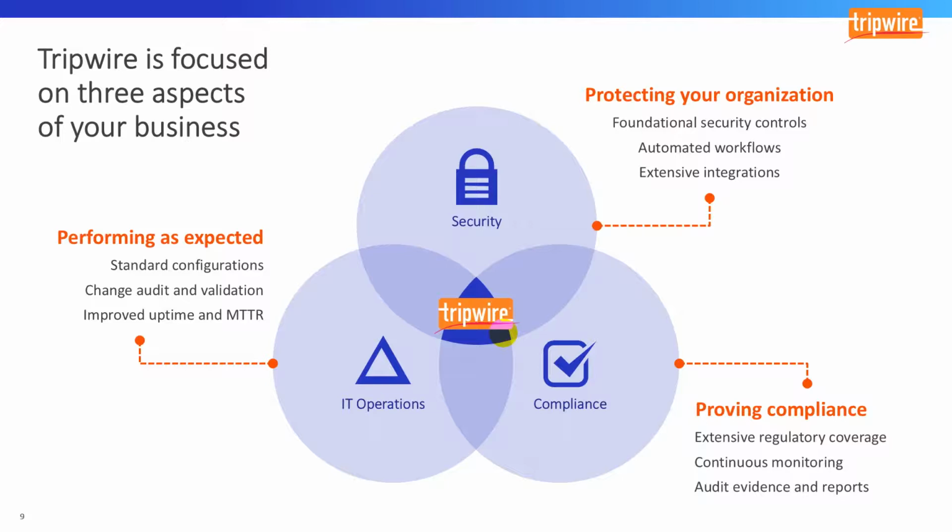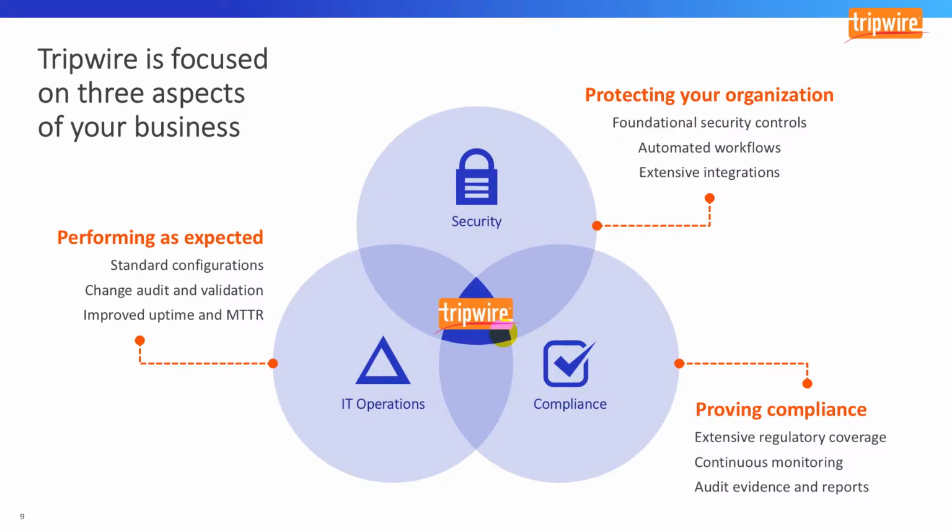If the compliance team needs to follow certain standards, Tripwire can help you on this. If you are in IT operations and have a lack of resources, Tripwire can help you on this. How can we do this?